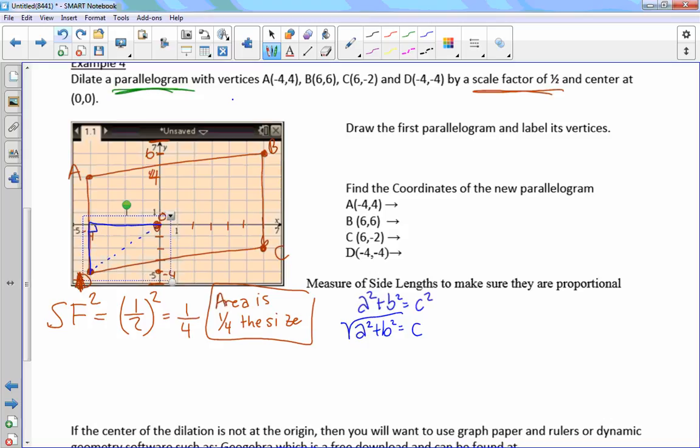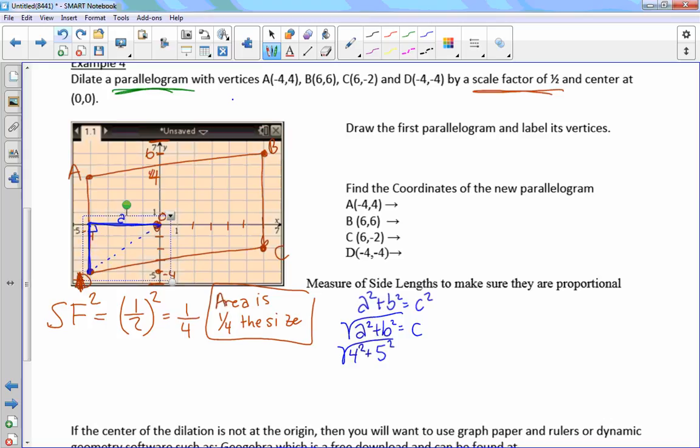Okay, so that distance should also be growing or shrinking by our scale factor. A is one of the lengths, the width. How wide is that from there to there? From 0 to -4, how wide is that? No, length is negative positives. So we have 4 squared plus, how tall is the triangle?